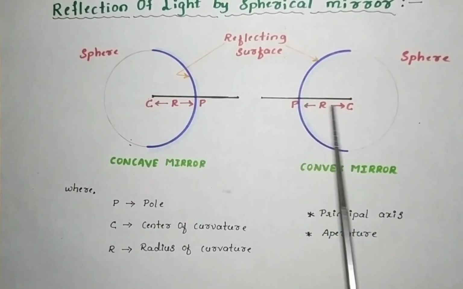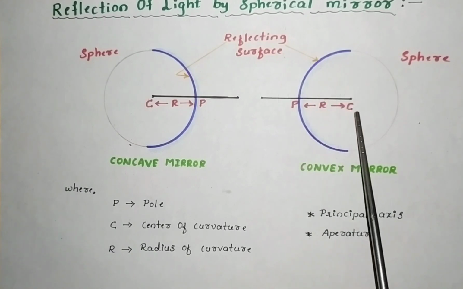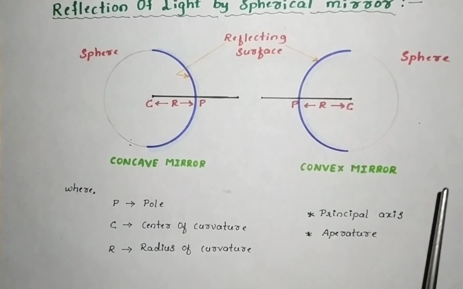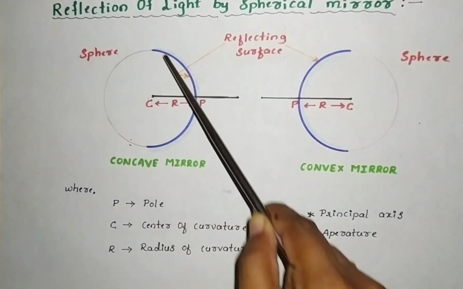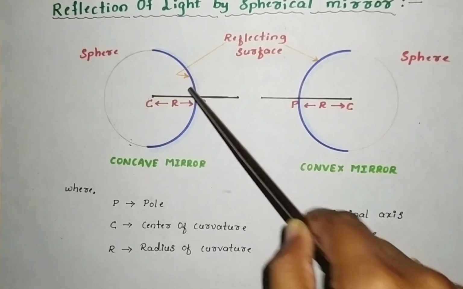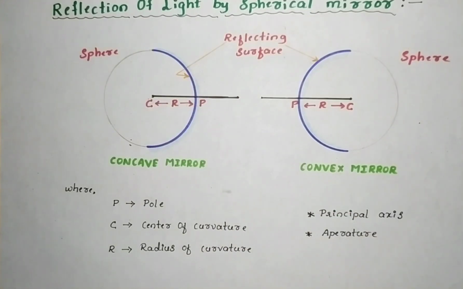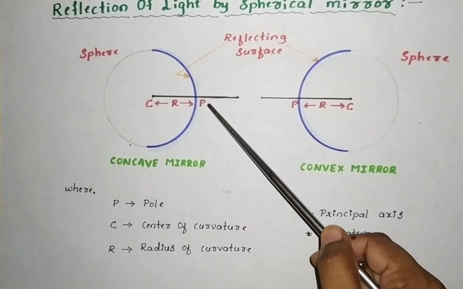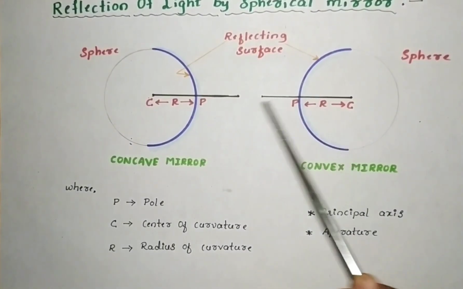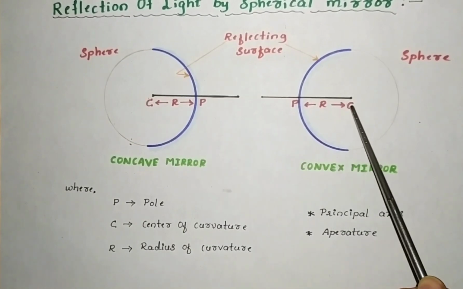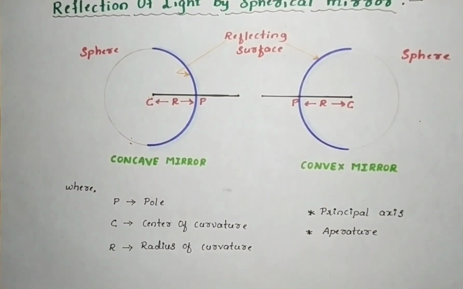It is the distance between pole and center of curvature, or we can also define it as the radius of the sphere of which the spherical mirror is a part. Is it clear about all the 3 points? P indicates pole, R indicates radius of curvature and C indicates center of curvature.